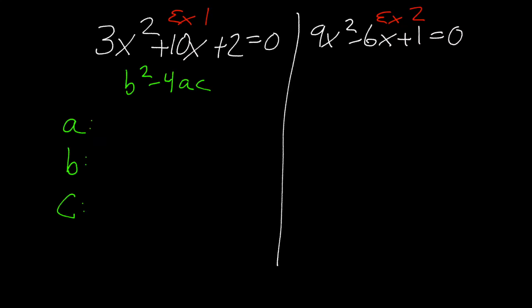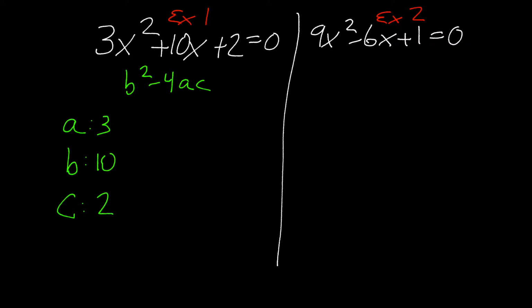So according to this example, a is 3, b is 10, and c is 2. Now we're not going to do the full formula. You do not have to do that this time. We're just focusing on the discriminant. If it said tell how many solutions there are and then solve, then we've got to do the full thing. But we're not doing that right now.